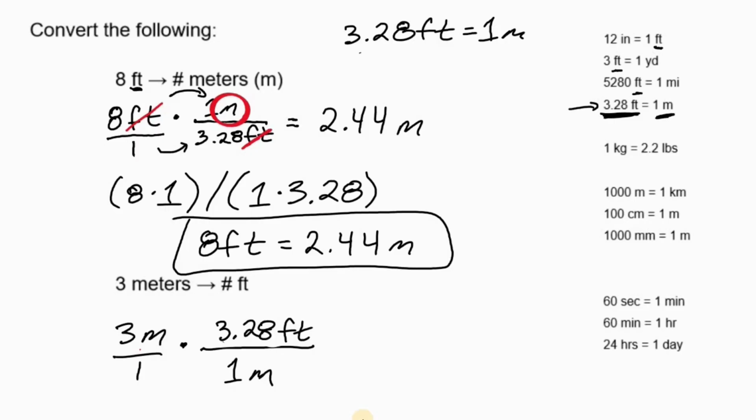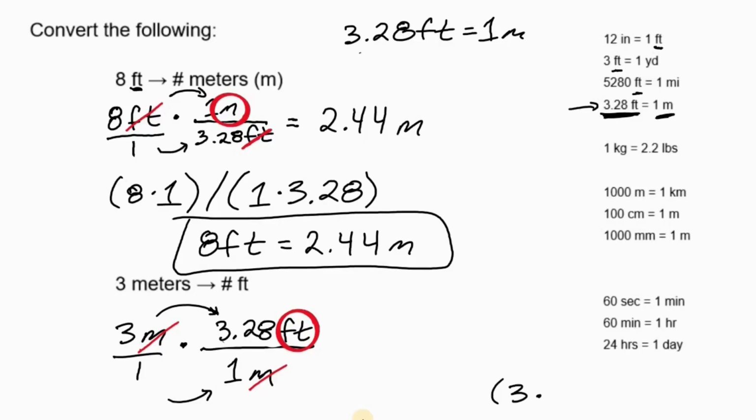Look at that. Okay, so once again, the whole point of this is to actually see that our units cancel out. We have meters on top over here, canceling out with meters on the bottom over here, leaving us simply with our feet in the numerator. So when we type this in the calculator, the way that you want to write this out is having your open parenthesis, multiplying the numerators together, divided by multiplying the denominators together.